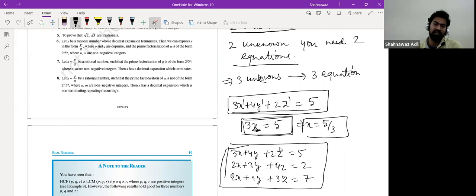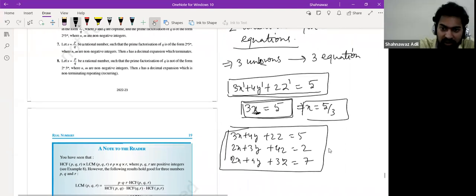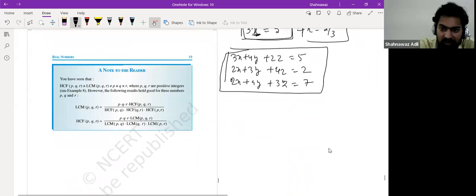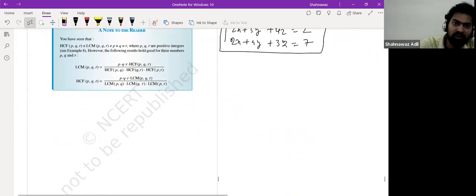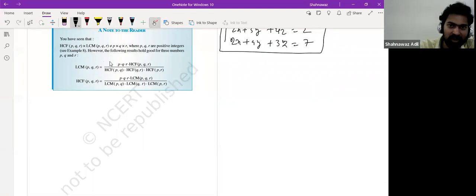And then you need to have a method to solve two linear equations, right? You will learn that there are actually two methods. I'm writing all this in this notebook, but I will make a separate notebook for the third chapter.